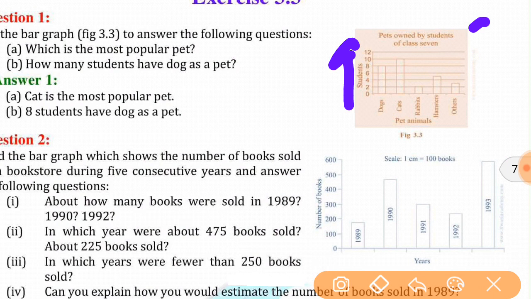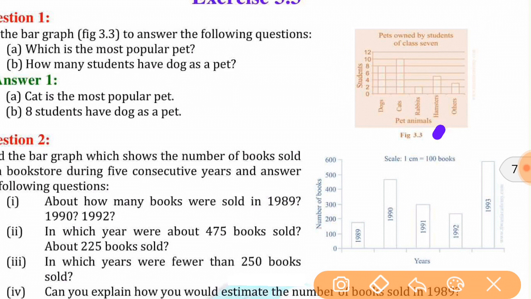Here dog, cat, rabbits, hamsters and others. See, 8 students have a dog. Then cats are 8 because the reading shows 8 to 10. Then rabbits show only 2 students in the 7th standard.